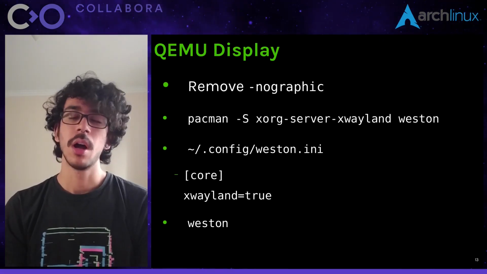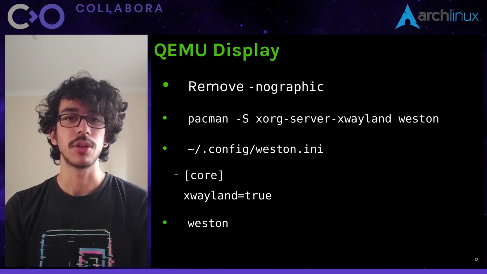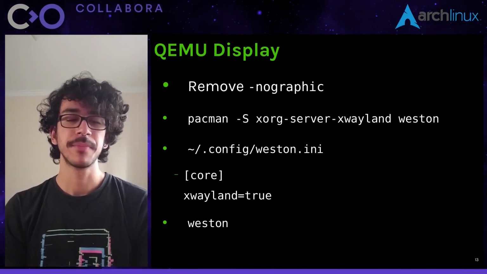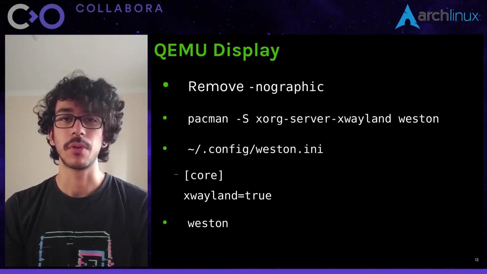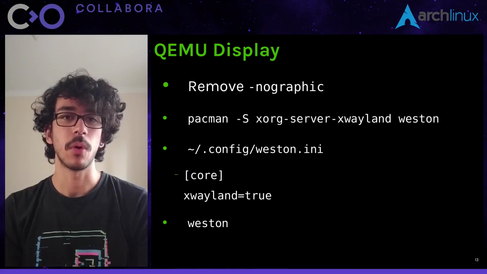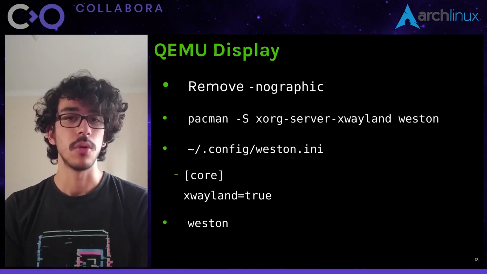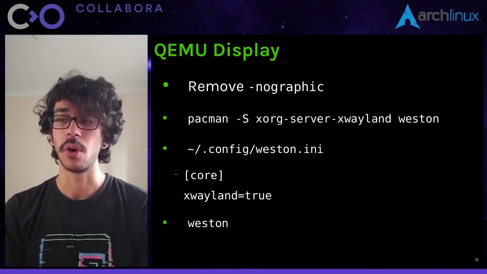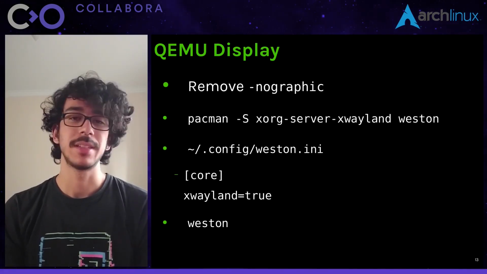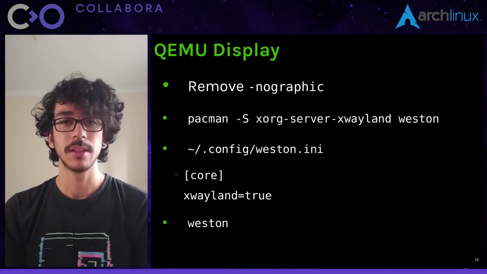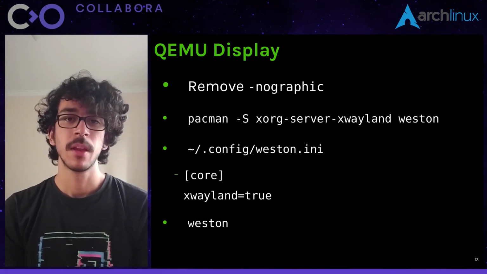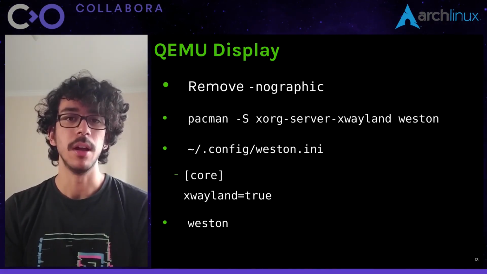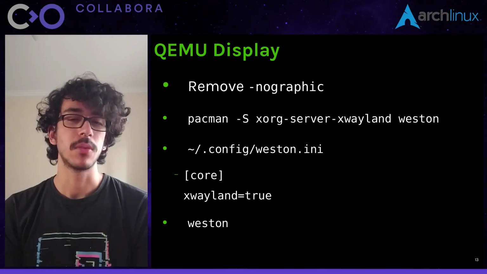So I install the Weston package. And then after that, you need to configure it to run on Wayland. And so you need to create this file in your home folder. Then you just run Weston on the command line and the Wayland environment will appear.